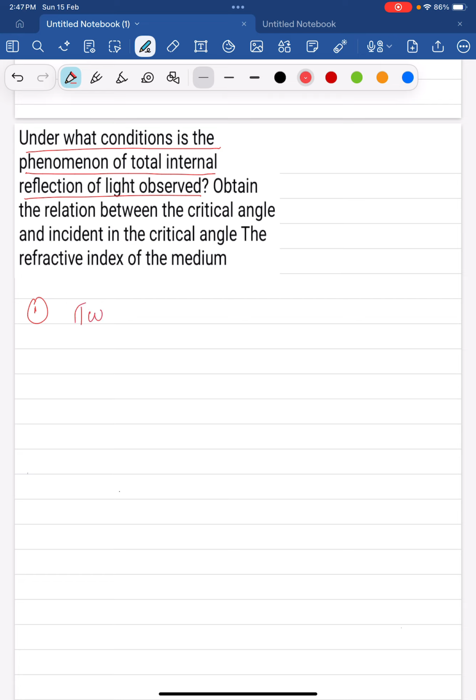Two conditions must be met for total internal reflection.